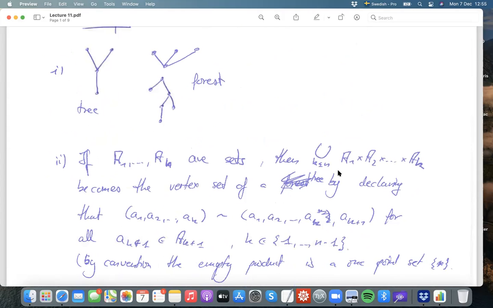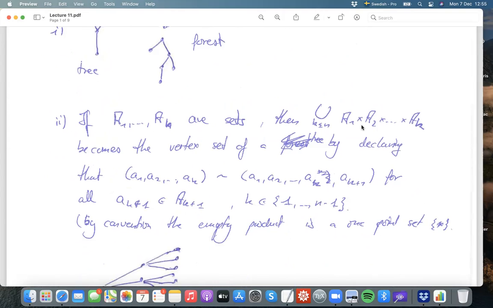So a certain type of a tree which will be useful for us in this lecture is the following object. Say if you have a bunch of sets, we'll be assuming that they are finite, A1, A2, and so on, AN. Think of them as just points with labels. I'll be creating my vertex set in the following funny way.